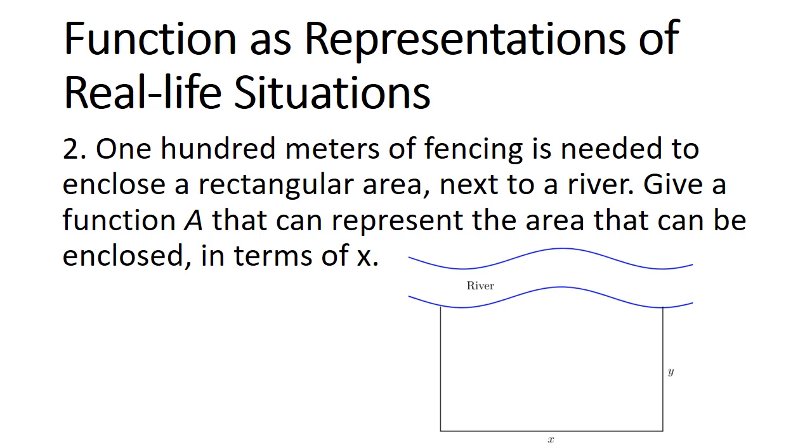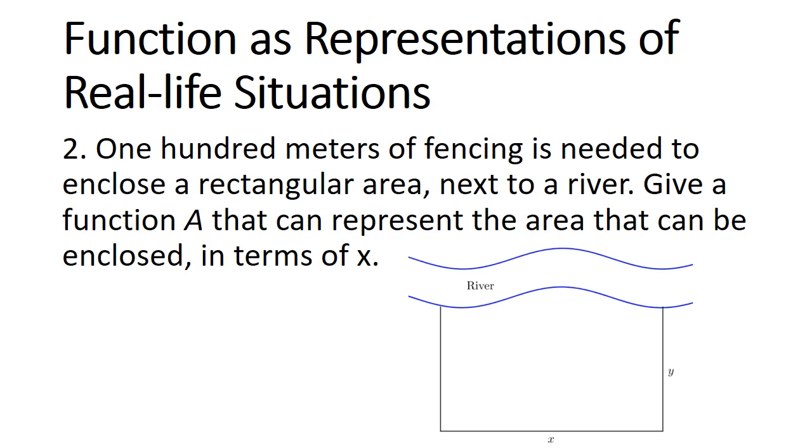As you can see, x is the length and y is the width. And mahalaga ding i-note na one side of the rectangular lot is facing the river. And you only need 100 meters to fence. Ibig sabihin, pag binakuran mo yan, ang length lang ng bakod na kailangan mo is 100 meters.